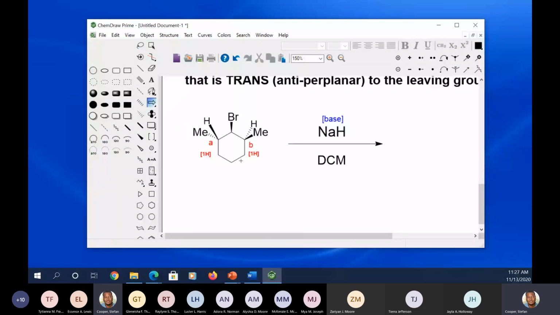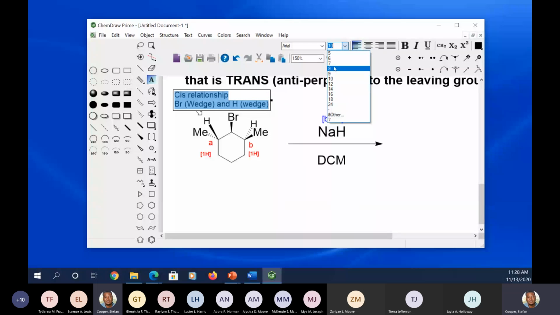Is it side A or side B? This one is on a wedge and the leaving group is on a wedge, right? So they have a what relationship to each other? Bromine is wedge and H is wedge, right? So is that the relationship that we needed here?